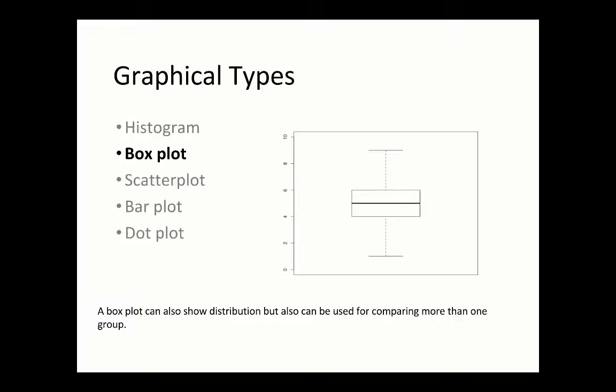Potential outliers are determined on a box plot when the values in the data set are lower than the first quartile minus 1.5 multiplied by the interquartile range, or above the third quartile plus 1.5 multiplied by the interquartile range. IQR stands for interquartile range, and it's calculated as the value of the third quartile minus the value of the first quartile.